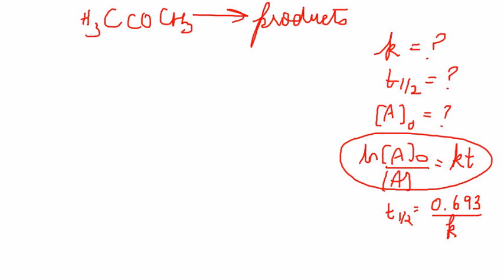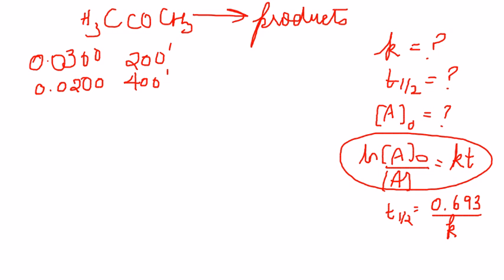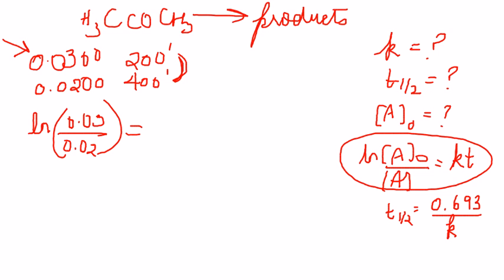Since you're given the concentration is 0.0300 after 200 minutes, and it becomes 0.0200 after 400 minutes, I'm going to use this integrated rate law and say if the first concentration is my initial concentration and the time period during this is 200 minutes, I can say that natural log of 0.03 divided by 0.02 is going to be equal to K times 200.